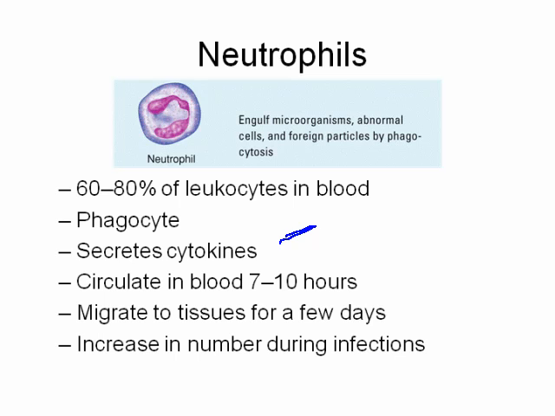They also secrete cytokines, which act as paracrine signals that help to activate other cells within the immune system. Individual neutrophils have a lifespan of about 7 to 10 hours in which they're circulating in the blood. And then they'll migrate to tissues for a few days where they have other actions. And they increase their number during infections.